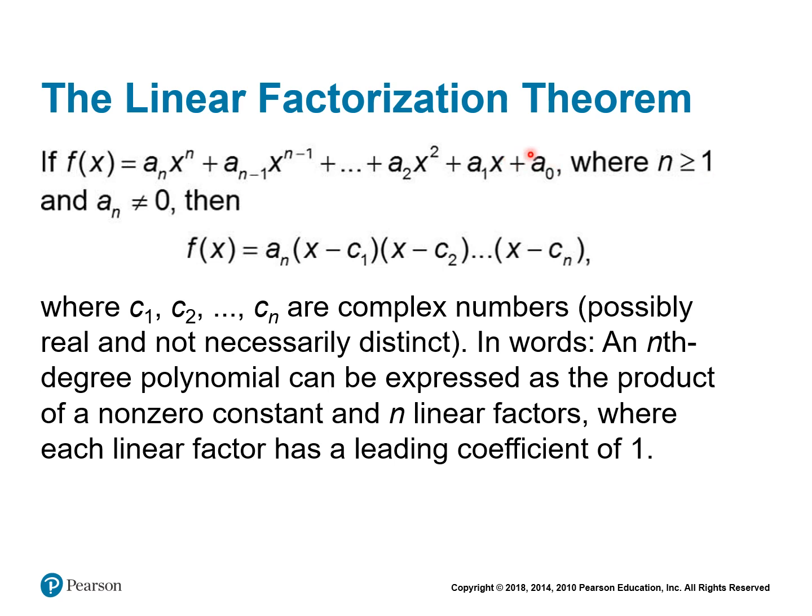Then we can factor the polynomial and rewrite it as a sub n, where a sub n is a numerical constant value, times x minus c1 times x minus c2 times x minus c3 times x minus c4, all the way up to x minus c sub n, and n being again the exponent of the leading term.